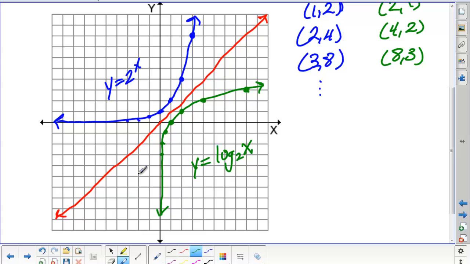So that's what the graph looks like. And as you can imagine, the base of that logarithm is going to affect the shape of the graph, just like the base of the exponential function affects the shape of its graph. So same idea there. If you change the base, it's really going to affect what happens to your graph.